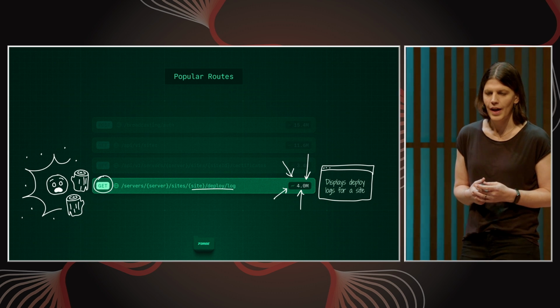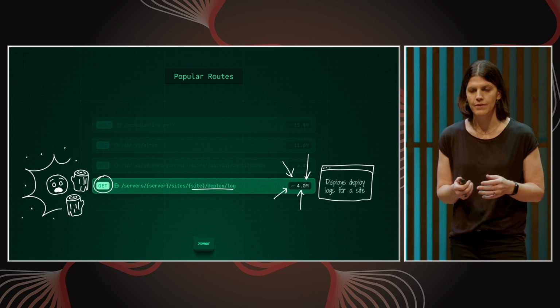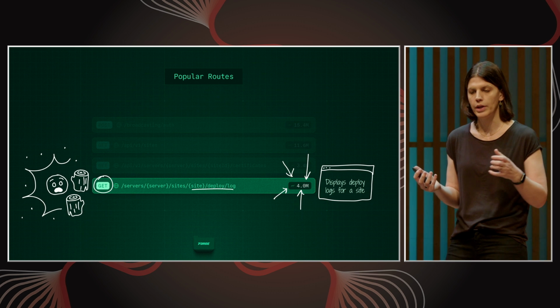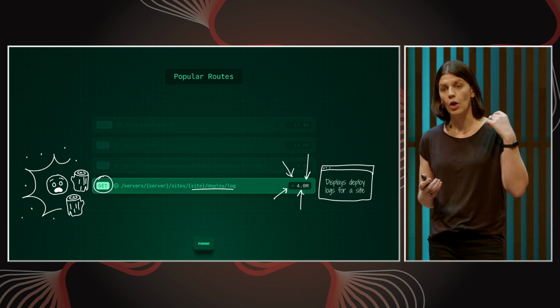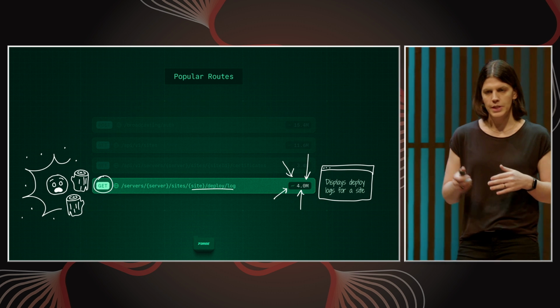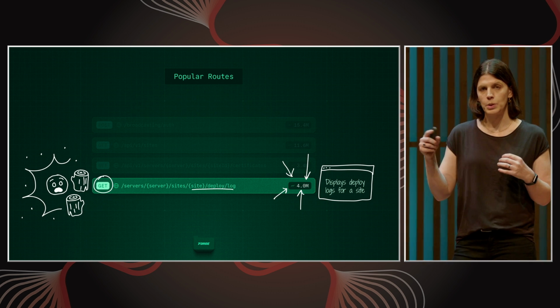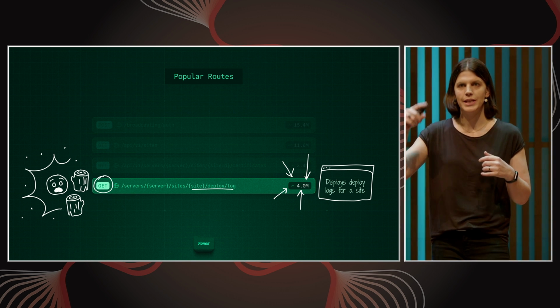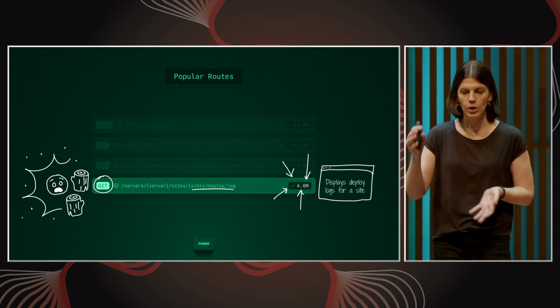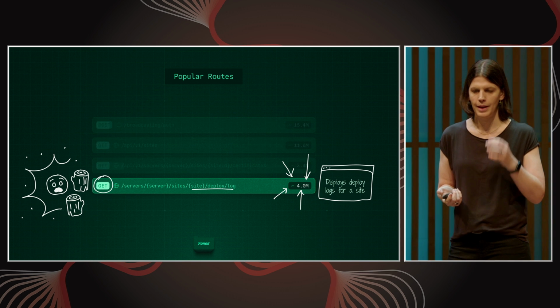And then we have the route to receive the logs from a deploy. This is one that we continually poll while you're deploying if you're viewing the dashboard of Forge. So again, this one's quite high because we continue polling it to find new logs from a particular deploy.